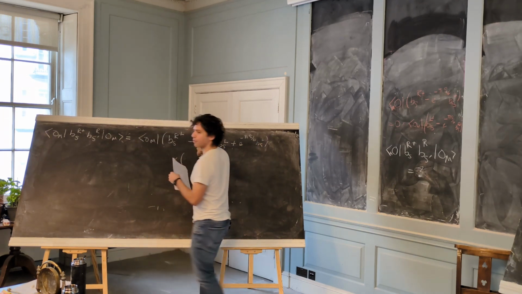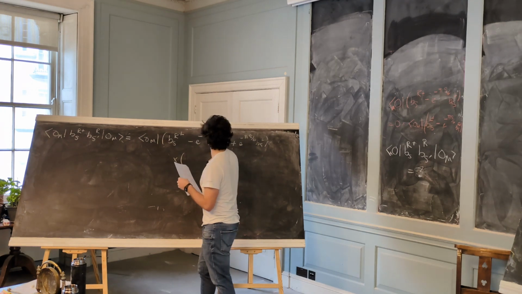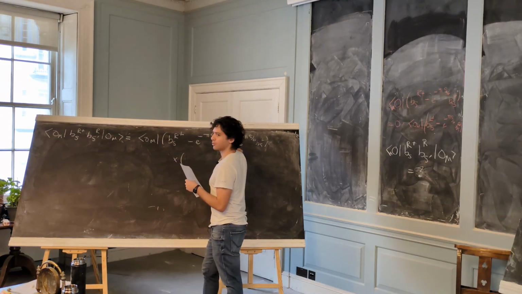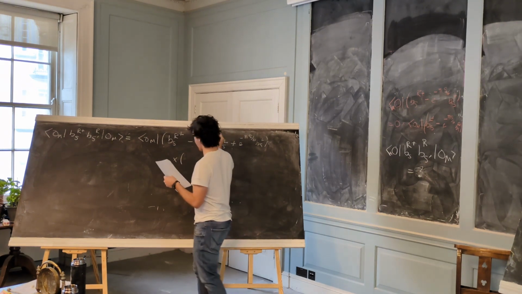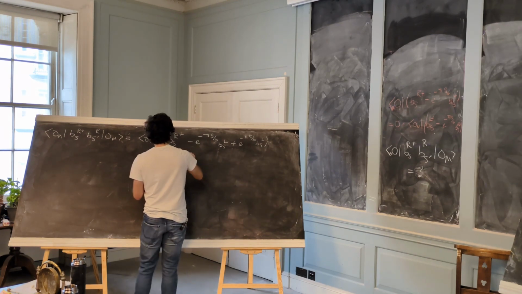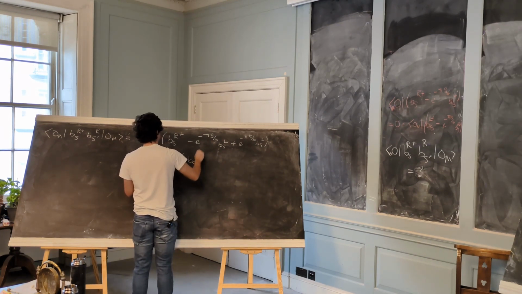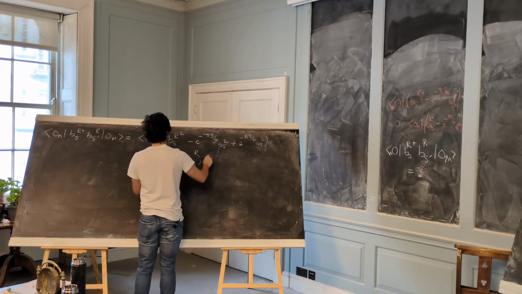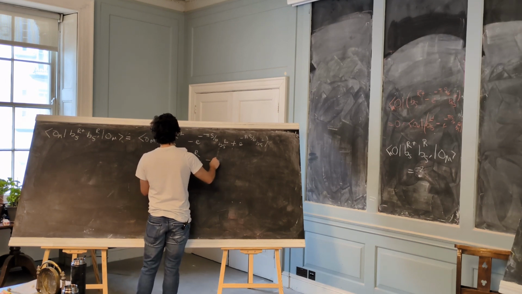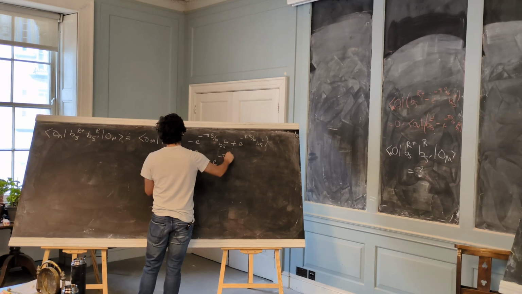So I've just added e to the minus pi s over b times b_s^L, and I've subtracted it. So I haven't changed anything, right? I'm going to do the same thing here.